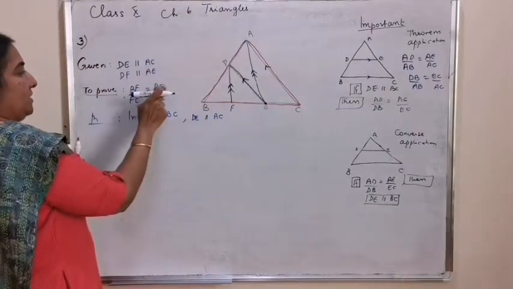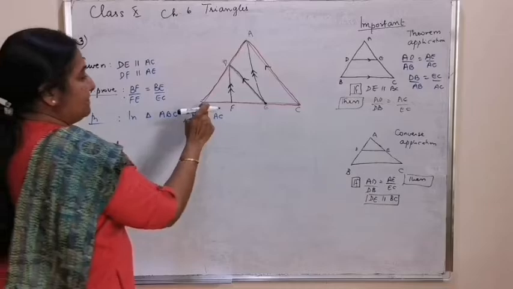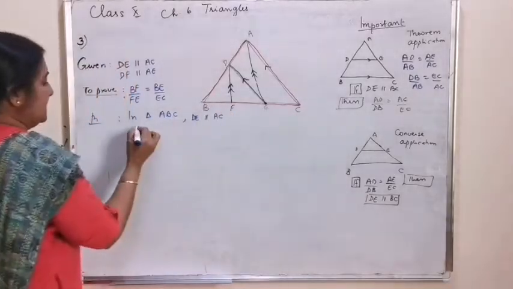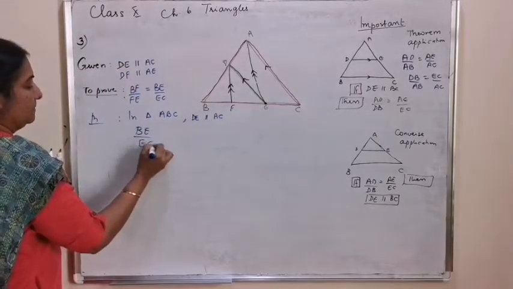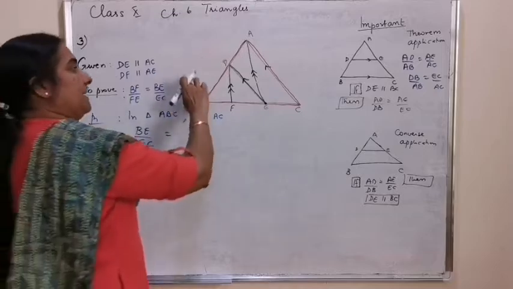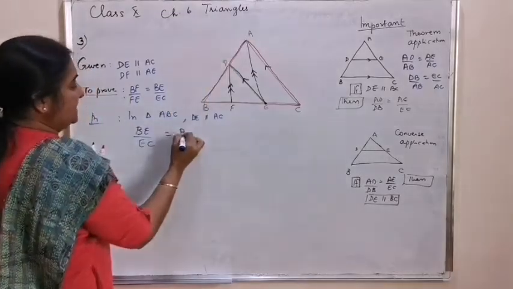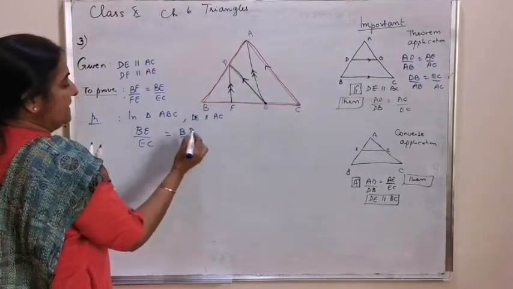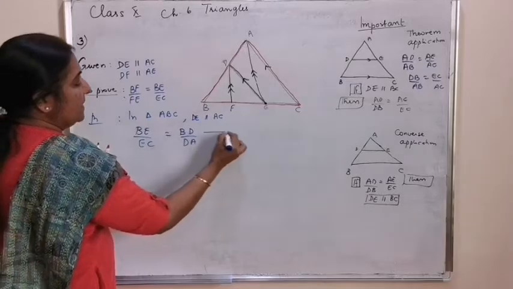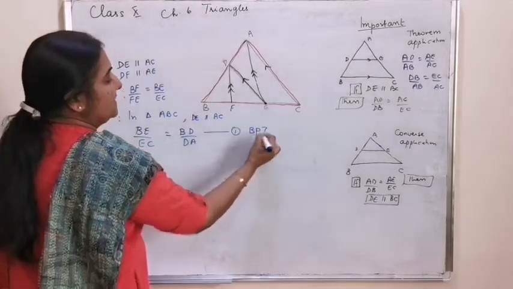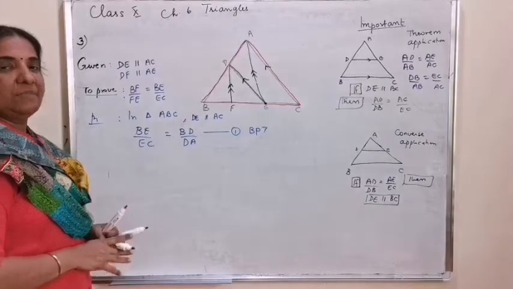The ratio they wanted is BE by EC, which is the same as BD by DA. The other side is BD by DA. Equation number 1, basic proportionality theorem.